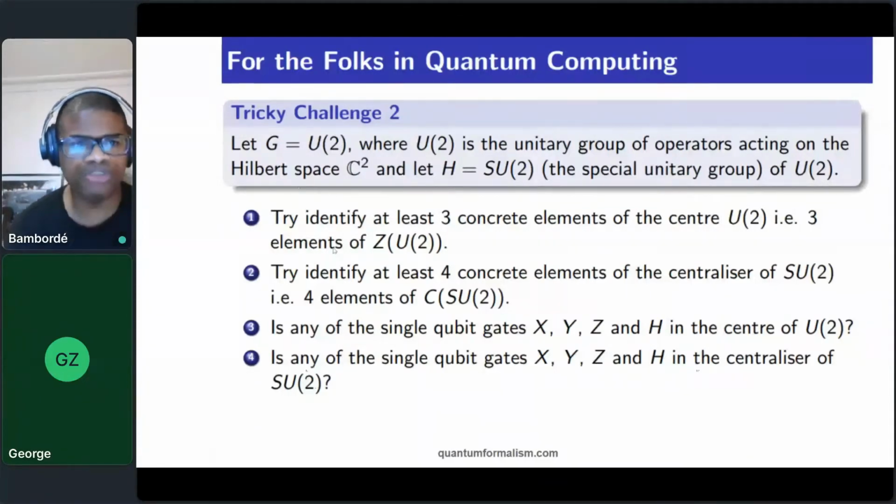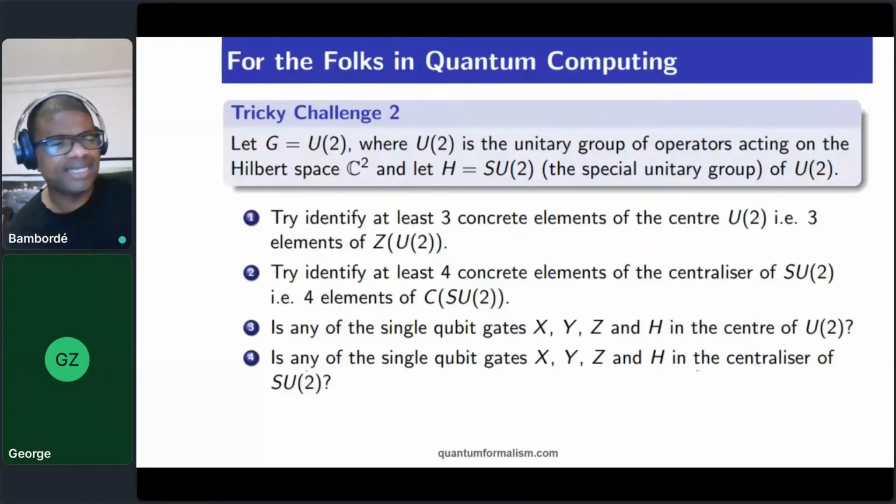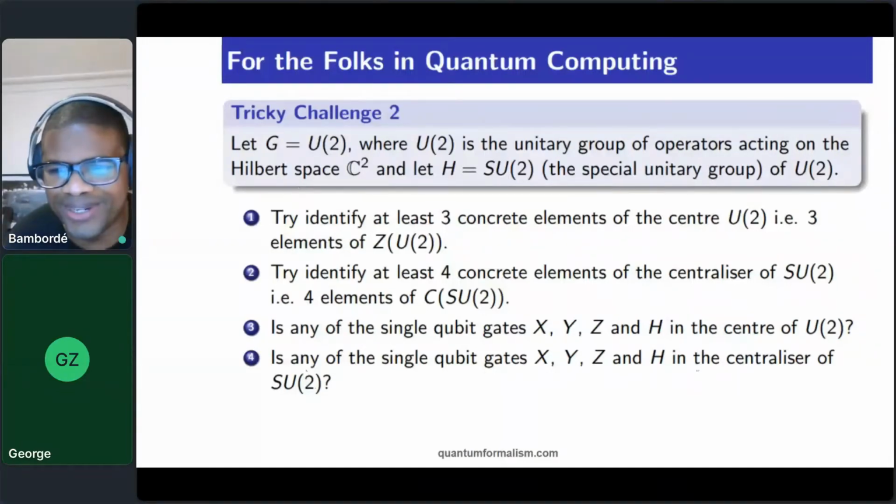For those of you who have taken the foundation module, there's a video. You can go back to the foundation module where we define this. I'm not sure which lecture it was. Do you remember, George, where we were covering matrix groups in the foundation module? That's a long time ago now.